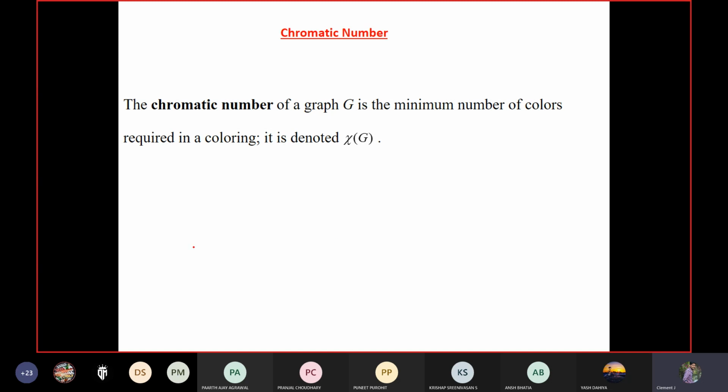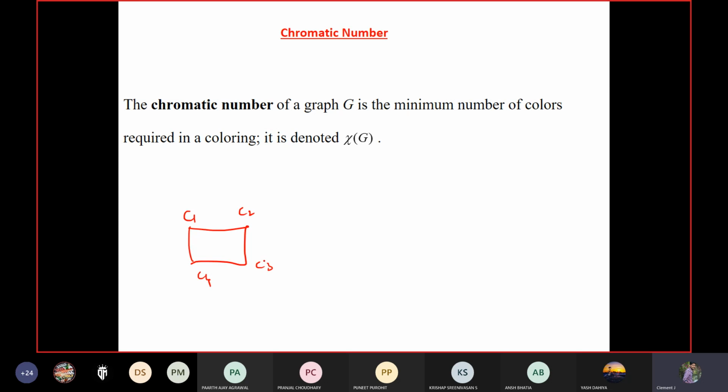Let me explain with examples. C1, C2, C3, C4 is a proper coloring because it follows the proper coloring definition: no two adjacent vertices receive the same color.